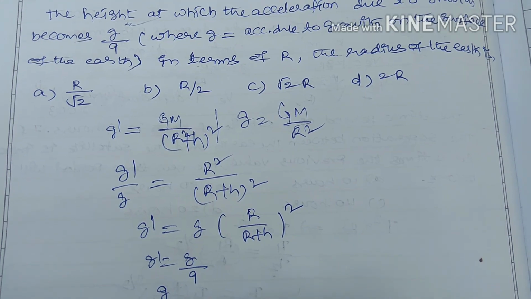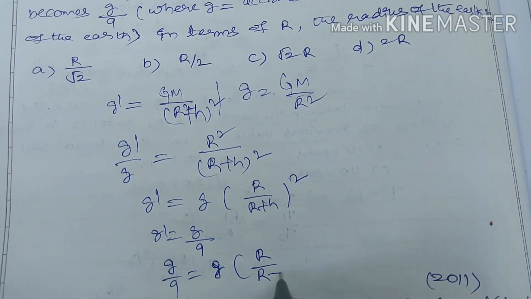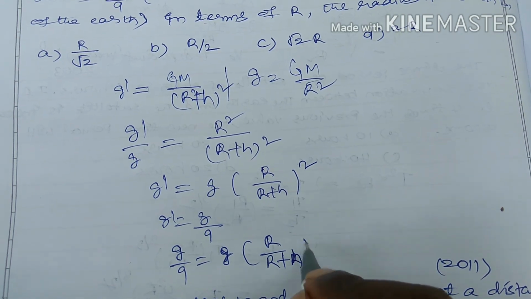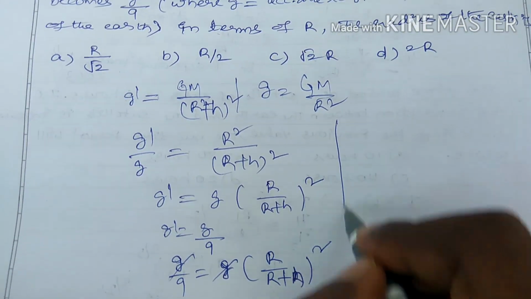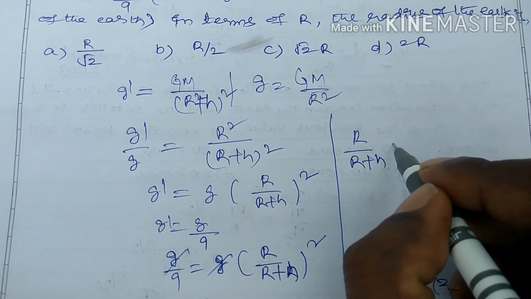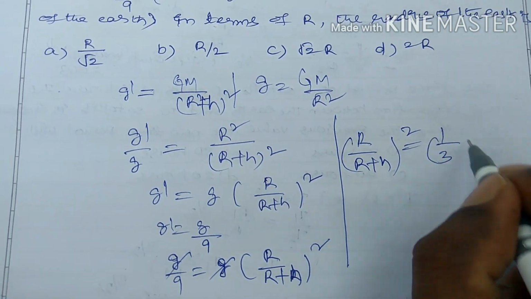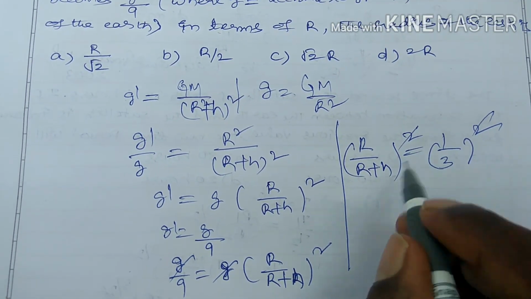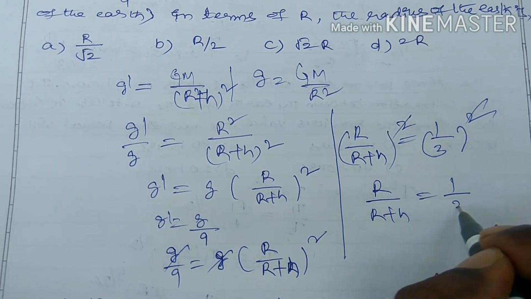Then g by 9 is equal to g into (R by (R plus h)) whole square. g will be cancelled, 1 by 9. Therefore R by (R plus h) whole square is equal to (1 by 3) whole square. Square and square will be cancelled. R by (R plus h) is equal to 1 by 3.